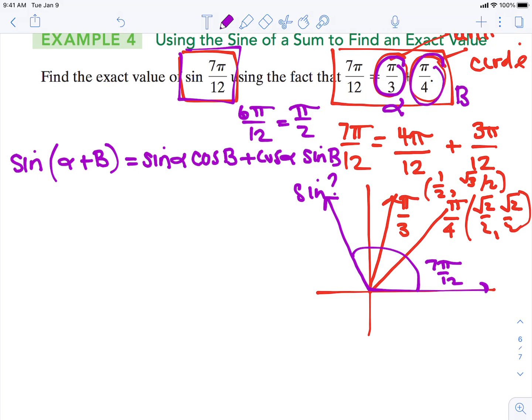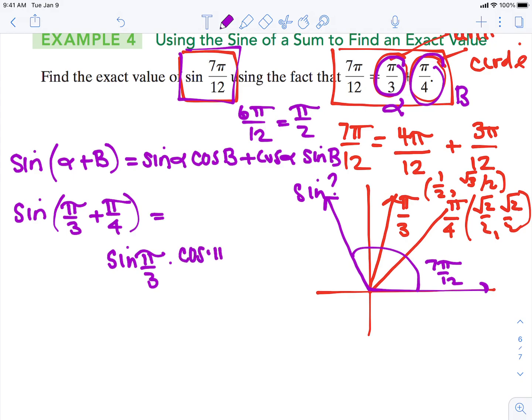We're going to plug it into that formula. So the sine of pi over 3 plus pi over 4 equals the sine of pi over 3 times the cosine of pi over 4 plus cosine of pi over 3 times sine of pi over 4.